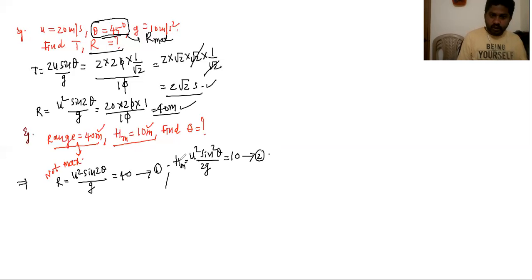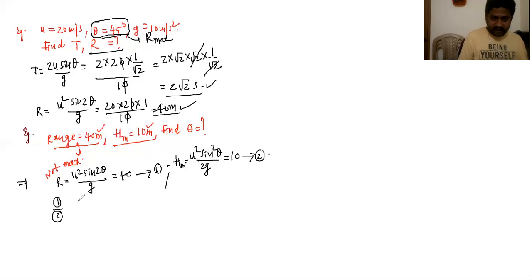When you divide these two equations, what happens? We can eliminate the g value and the u value also. So let me write equation 1 divided by 2.